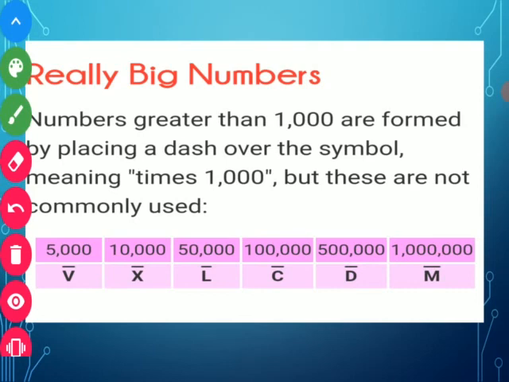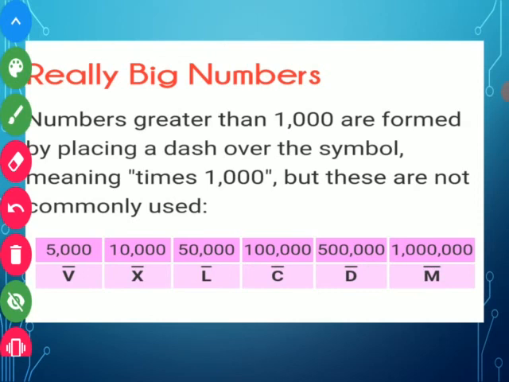Now for really big numbers, as I explained before, for showing 1000 we use a bar. Suppose you have to represent 50,000.